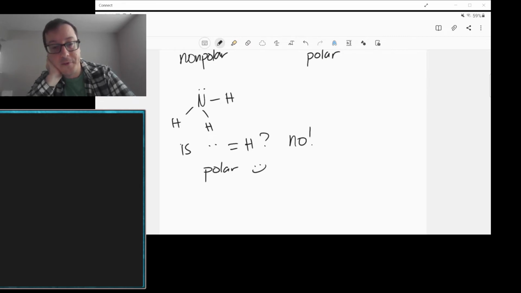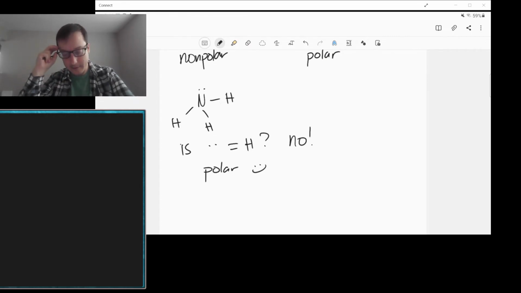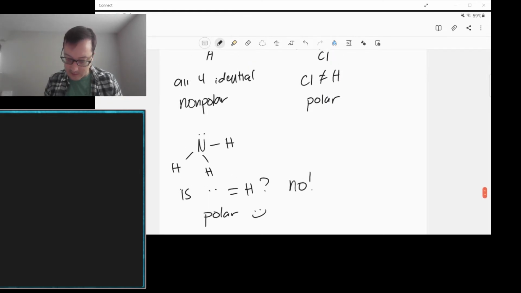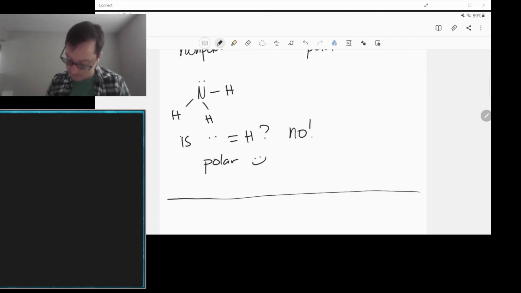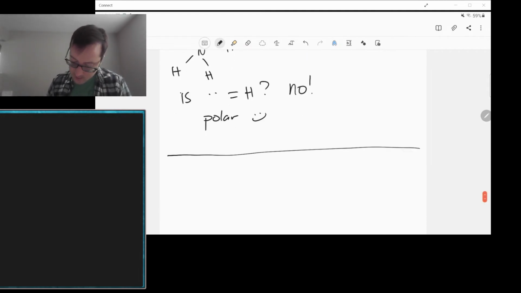All right. So that is polarity. Easy enough. And the reason it's important is that it's going to affect the properties of these molecules. So we'll get to that again in two chapters. Cool. Then let's go ahead and look at the last little bit here.